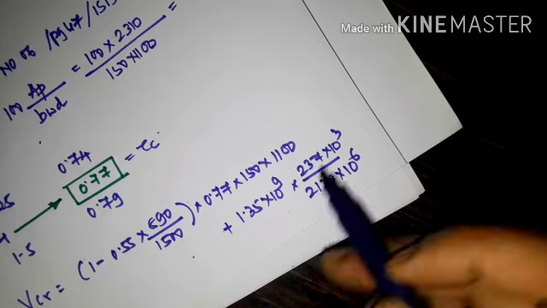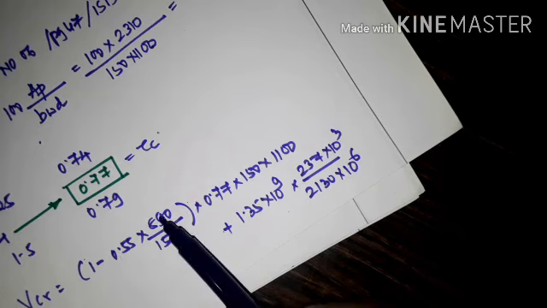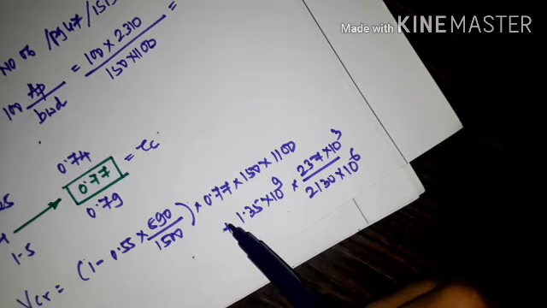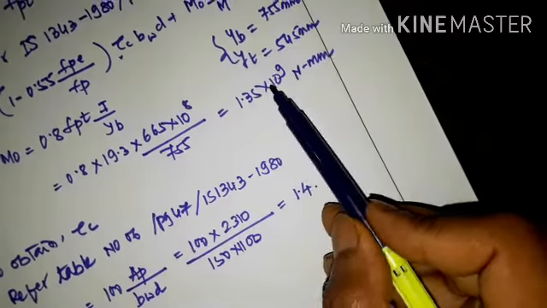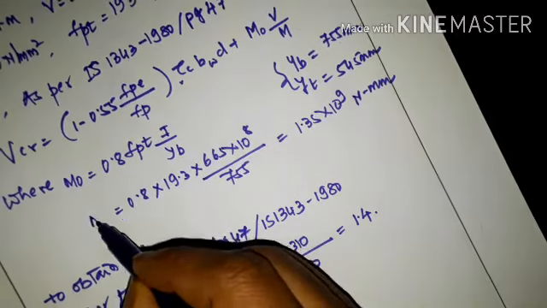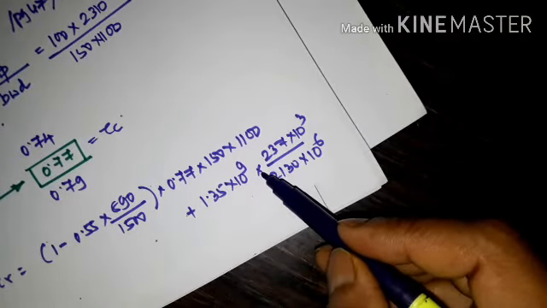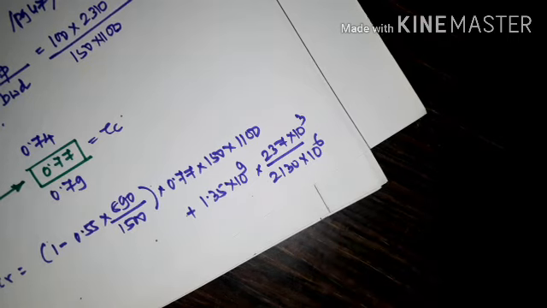So 1 minus 0.55 into FPE upon FP into tau c BW D plus M naught into V by M.